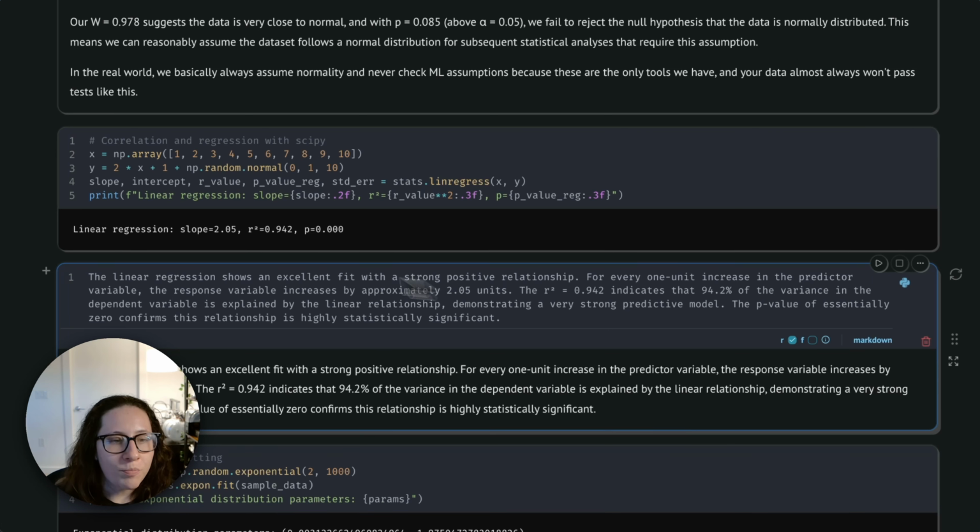But because our slope is 2 and our R squared is so high, close to 1, and our p-value is so close to 0, we're saying that this is providing evidence for the alternative hypothesis, which is that these variables are related, they are connected, they are correlated, and we can safely reject that null hypothesis saying that they're completely independent in the face of this evidence.